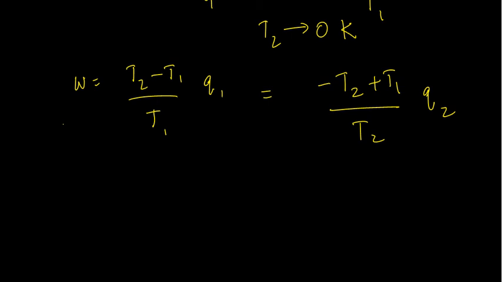Remember the refrigerator, I am bringing Q2 heat out of the refrigerator, and the temperature of the cold reservoir is T2, and I am throwing Q1 heat into T1, which is at a higher temperature, by doing some work. So if I want to bring the temperature of this cold reservoir down to 0, then I have to do an infinite amount of work.